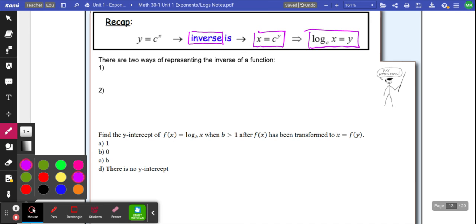The c became the base, the x is now over there, and the y is now up in the top spot. You'll also notice that this is x isolated. X is by itself. And this is y isolated. Why is that? Because when you do the inverse, it should go the opposite. It's getting the other one by itself. You're switching it.